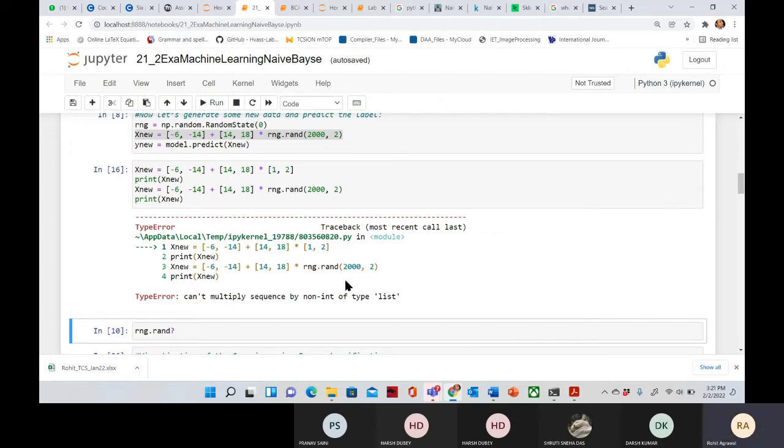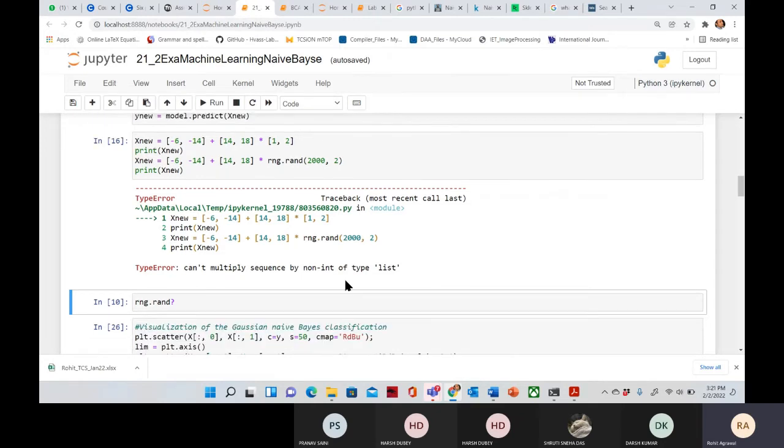Just complete it and then I will show you an example that I have already created. We have taken large data points, not just 2 or 3, maybe 100 or 200 data points randomly taken, and then we will use a naive-Bayes classifier from the Python library and see how it works. So just complete this one, then I will show you that also.